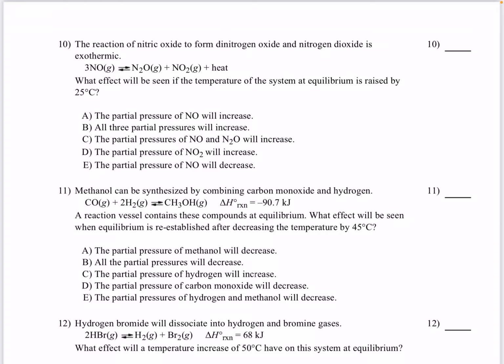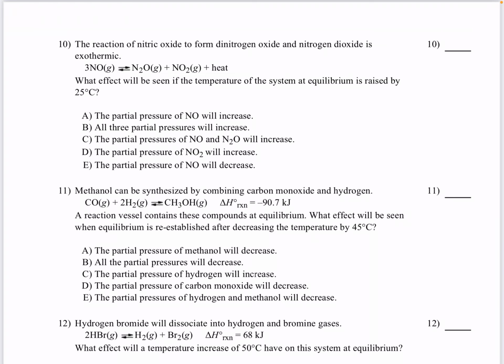So the equilibrium position changes, but the equilibrium constant doesn't change by changing the pressure, volume, number of moles, or the concentration. But if you change the temperature, then the equilibrium constant can change. The only way that the equilibrium constant changes is by changing the temperature.